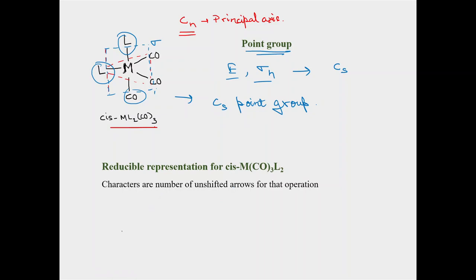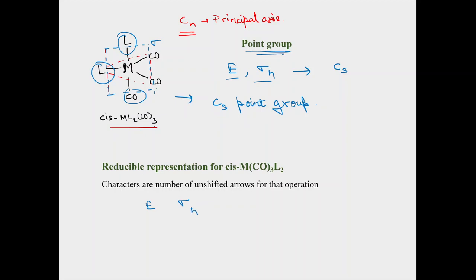Now moving on to the reducible representation for cis MCO3L2. First we have to write the reducible representation for this. We know that the only two operations in this complex are E and sigma h, right?